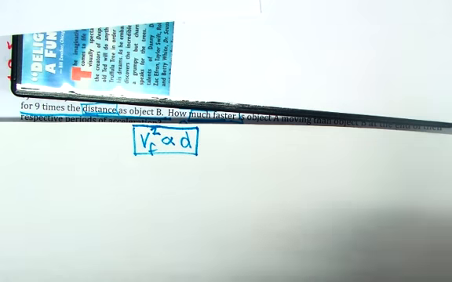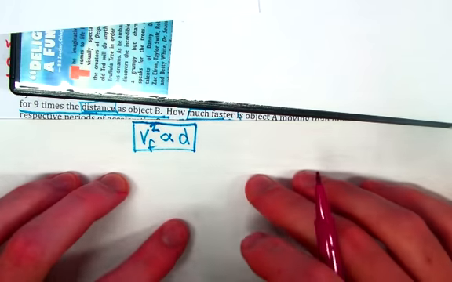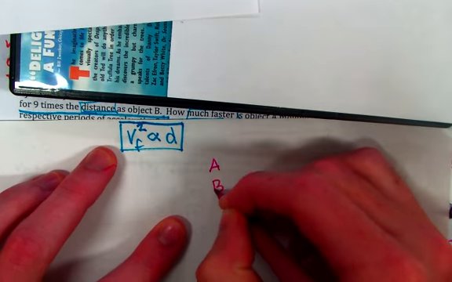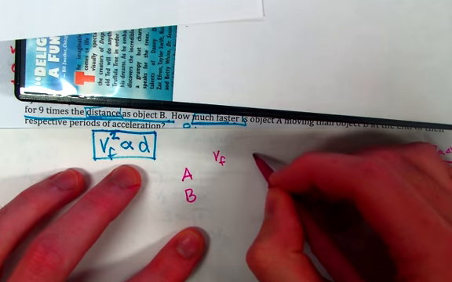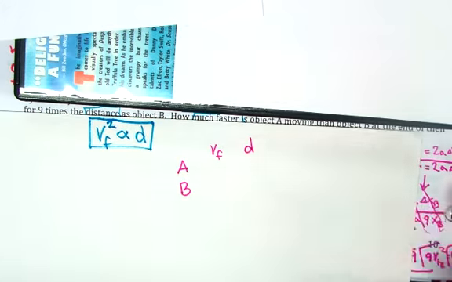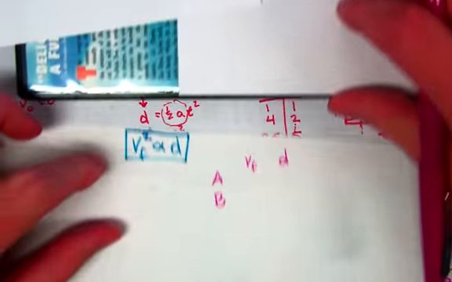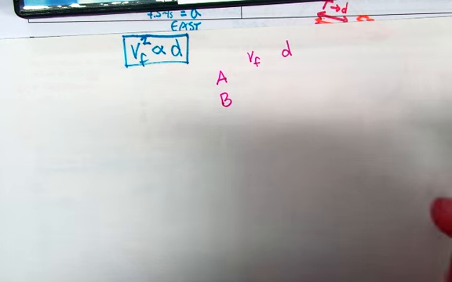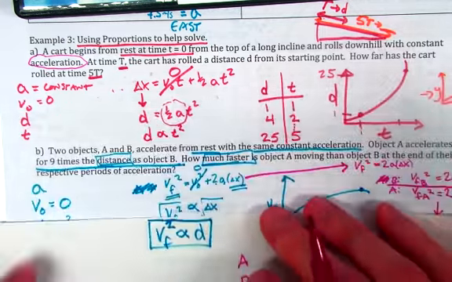All right, doing it that first way, where we make a table, I'm going to say A and B, and then we have our VF and our D. It gave us lots of information about B, correct?